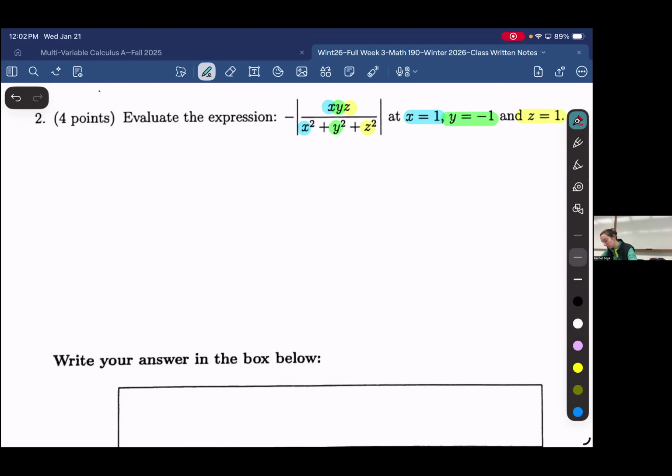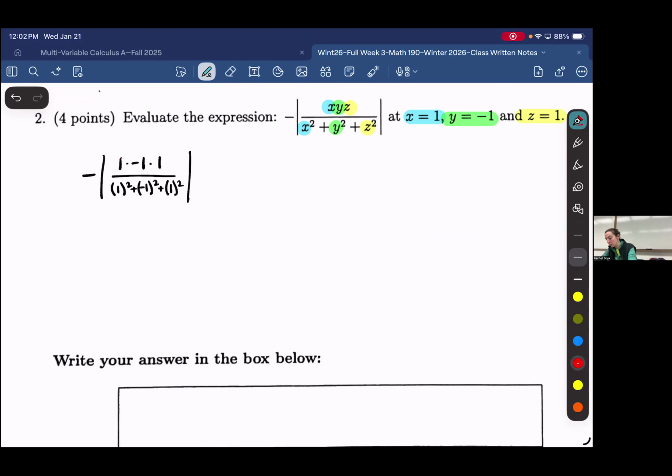So now when we substitute it in, we get 1 times negative 1 times 1. For our numerator, our denominator, we get 1 squared plus negative 1 squared plus 1 squared. This is all inside an absolute value, and a negative is on the outside.